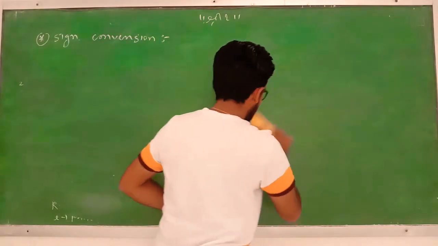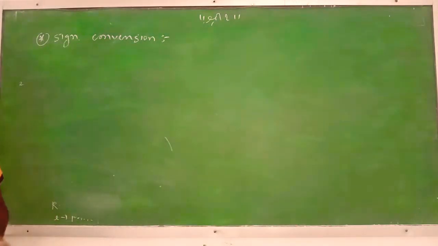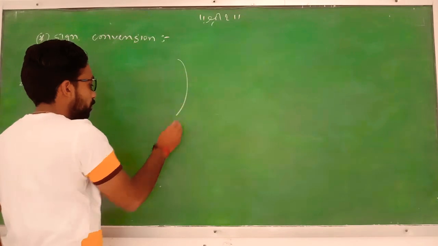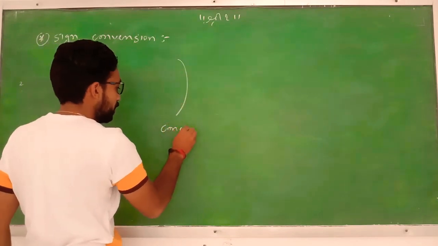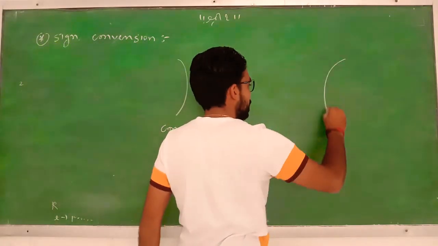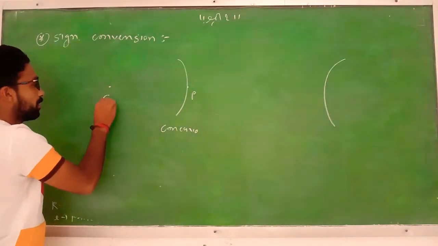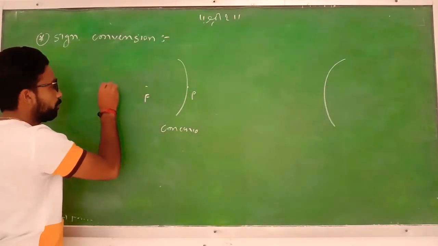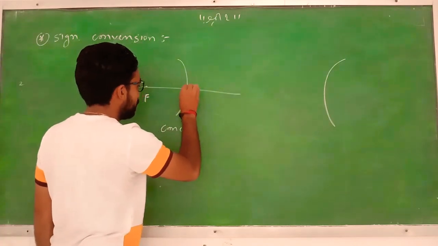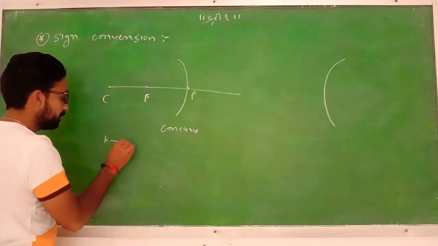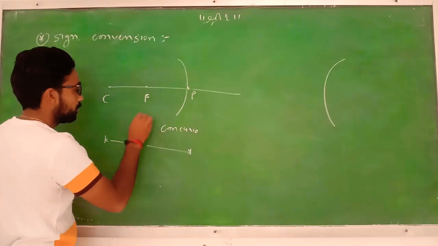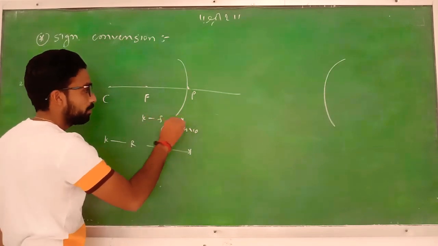So now we consider only one figure. This is the concave mirror and this is the convex mirror. This is pole, center of the curvature, principal focus, principal axis. Now this one is the radius of the curvature, this one is the focal length.